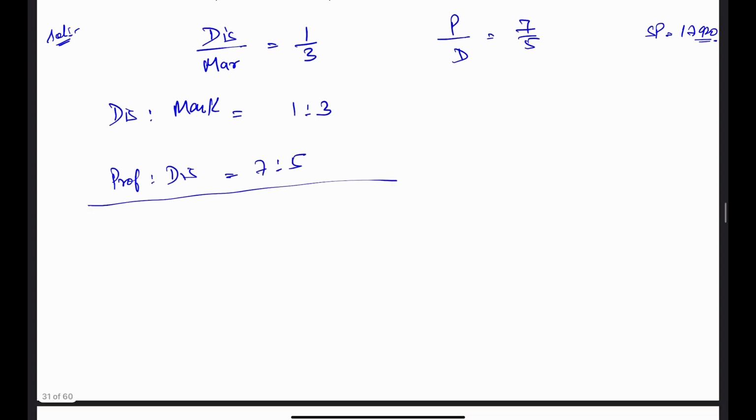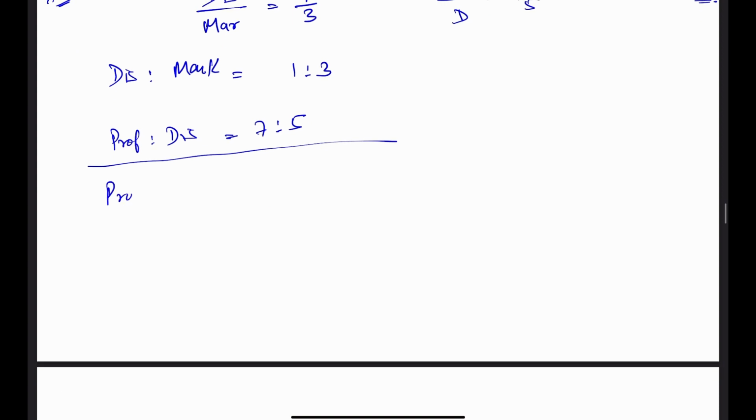So I can write profit is to discount is to markup. If I multiply this value with 5, my discount becomes 5:15.